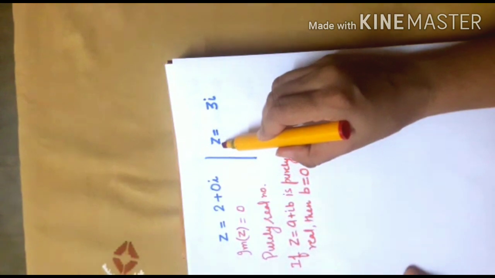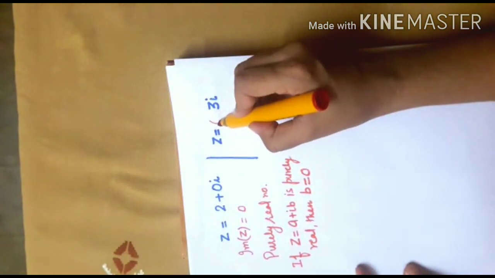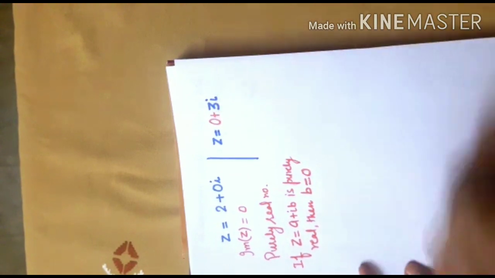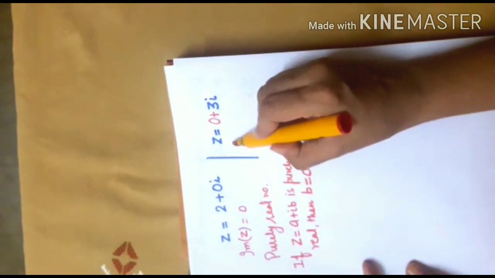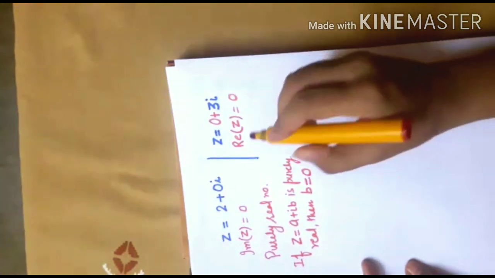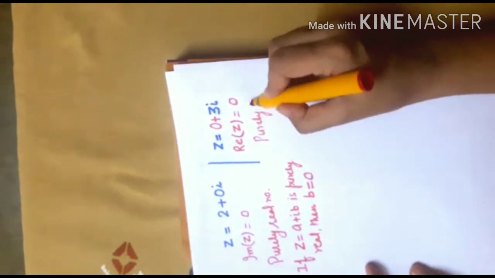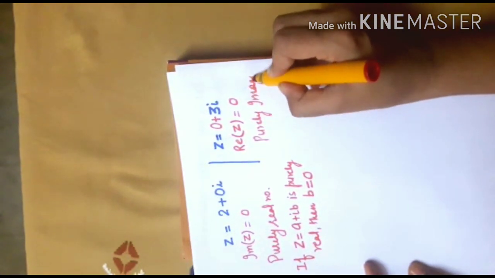Similarly, if I have the complex number z equals 3 iota, I can write this as 0 plus 3 iota. So here, the real part of z is 0. So it is a purely imaginary number.